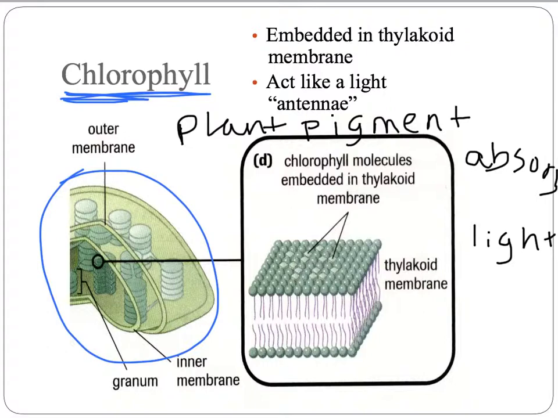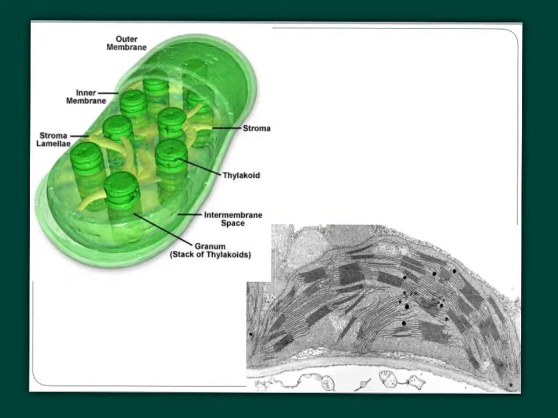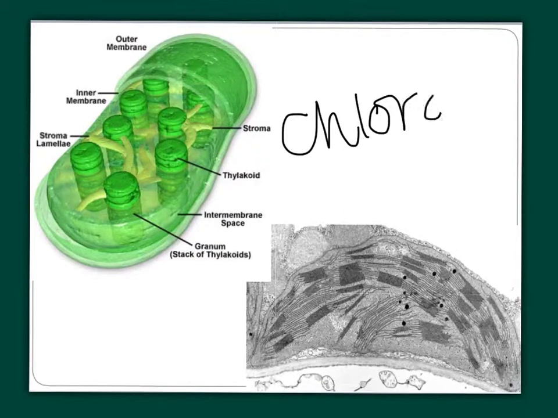It's a plant pigment that absorbs light, and it's found in these little stacks that kind of look like pancakes. The whole stacks are called grana, but the chlorophyll is found in a thylakoid. Here's another picture of a beautiful chloroplast.